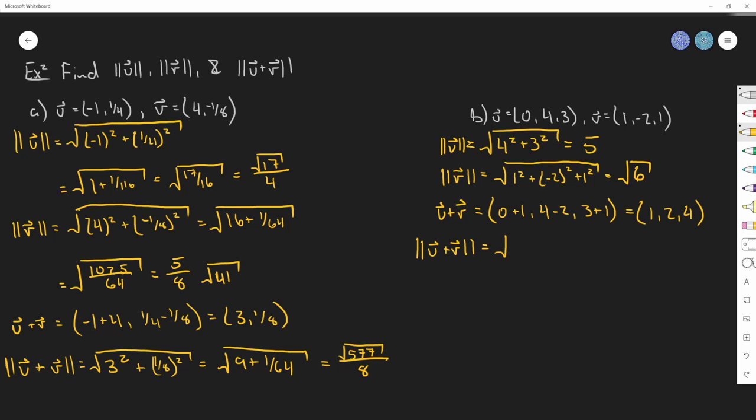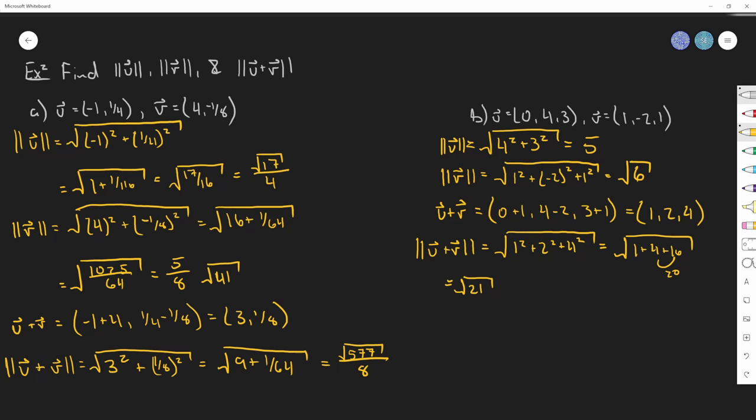So take the square root of 1 squared plus 2 squared plus 4 squared, and that would just be the square root of 1 plus 4 plus 16. 4 plus 16 is 20, so it'll be the square root of 21, and you can't simplify that because it'd be 7 and 3. Yeah, okay. So that is our answer.